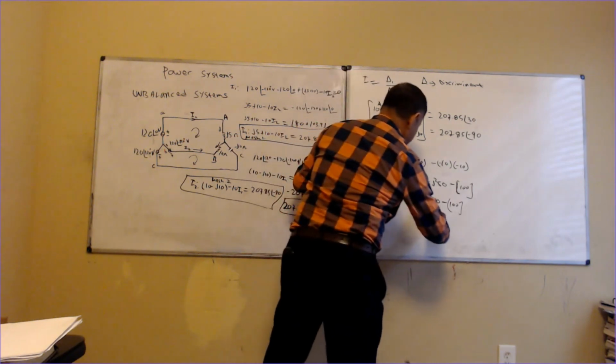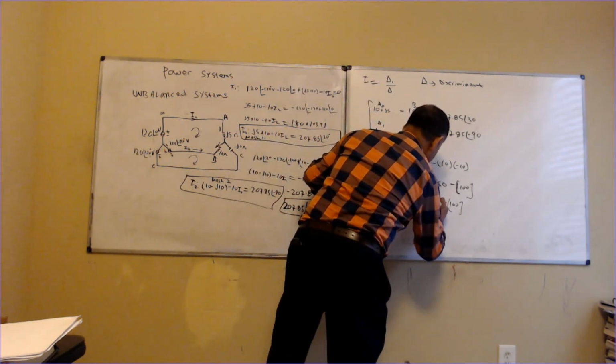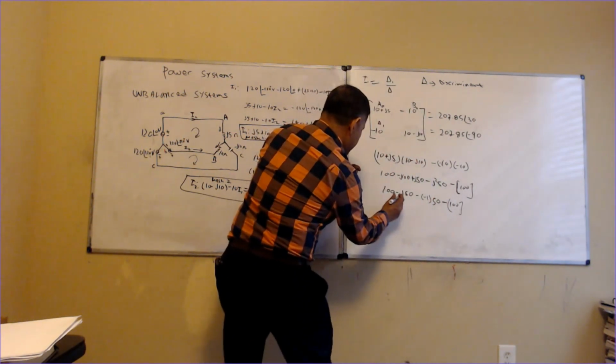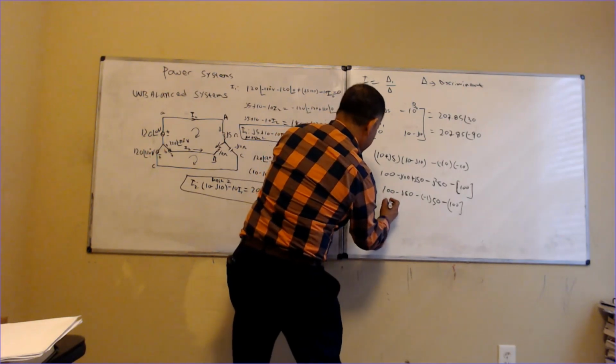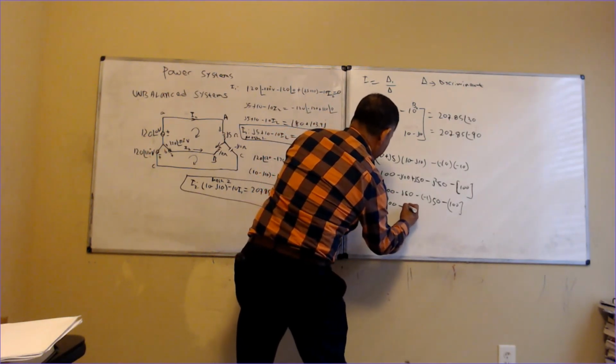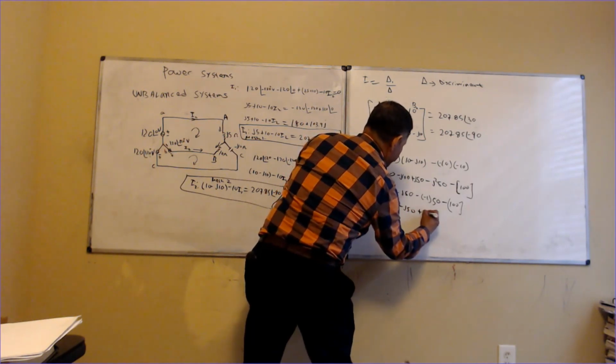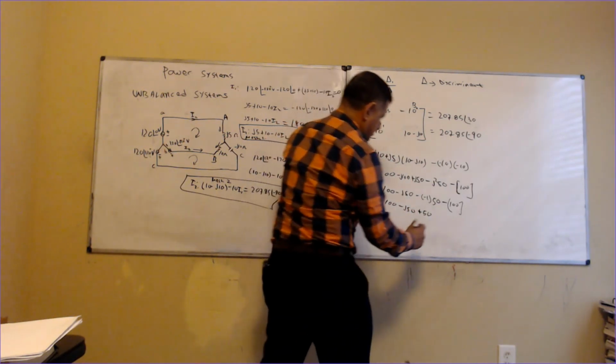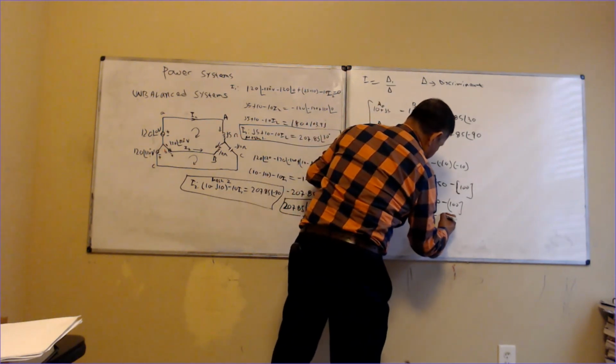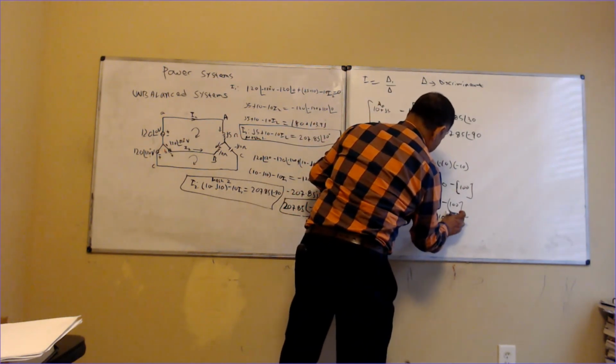Okay, so I get 100 minus J50, plus 50, minus 100. I subtract that.